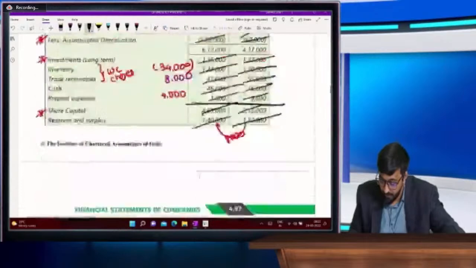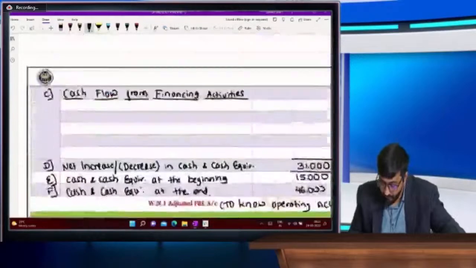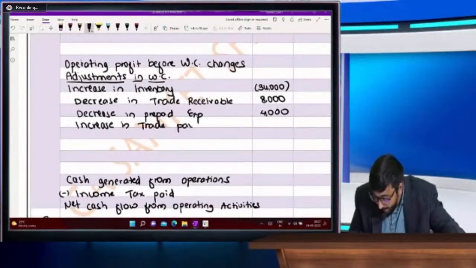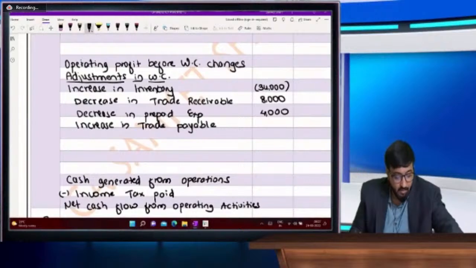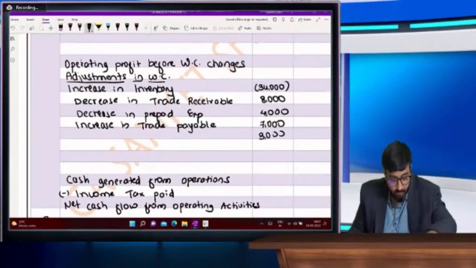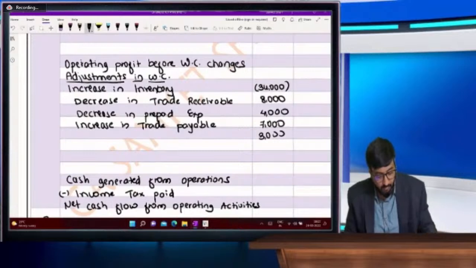Increase in trade payable 7,000. In working capital adjustment, increase in trade payable 7,000.